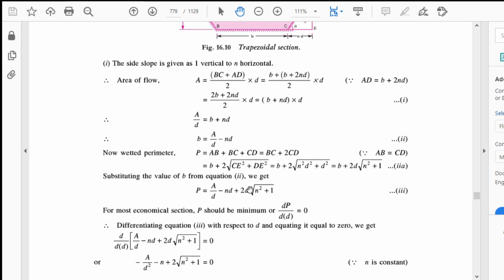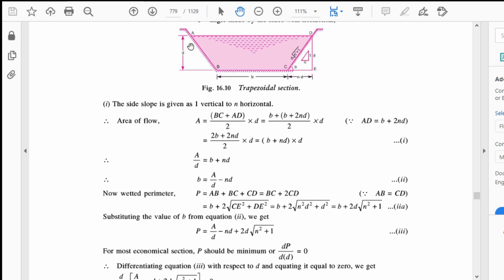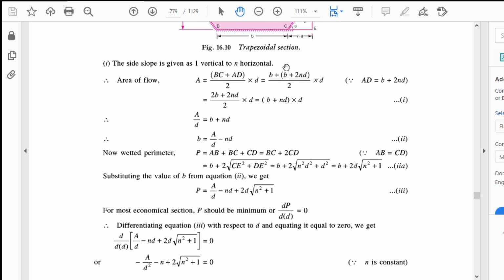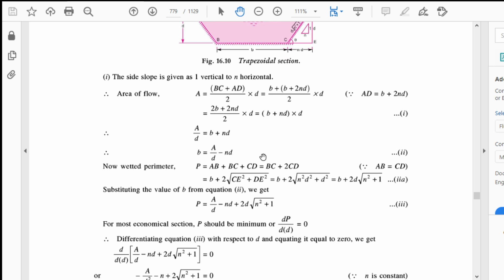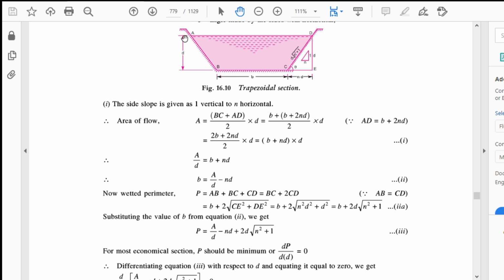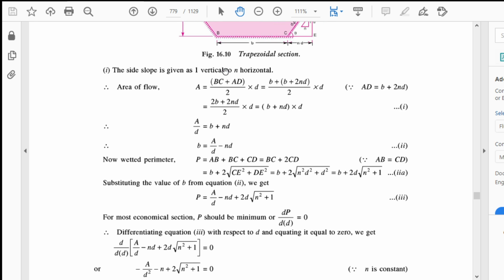Now the wetted perimeter here is this sloping side AB plus BC, plus this sloping side CD. Now these sloping sides are equal in dimensions, so we can write 2 times CD. So BC plus 2 times CD.